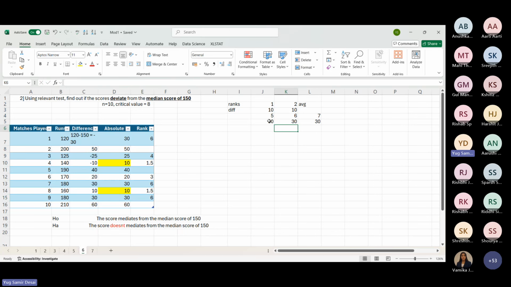There were three 30s in our case, for the ranks 5th, 6th, and 7th. The average of the ranks 5, 6, and 7 is 6. Hence, we give them the rank 6 and we exhaust all three ranks. Next, we have 40, which would get the 8th rank, 50 getting the 9th, and 60 with 10.